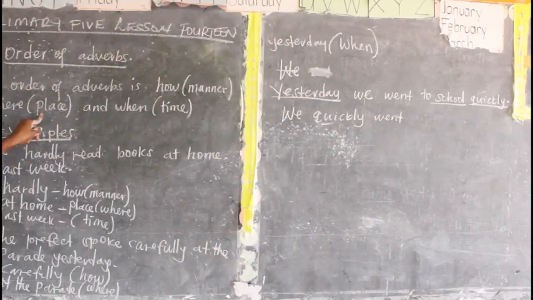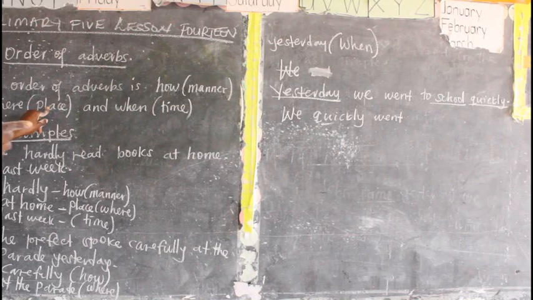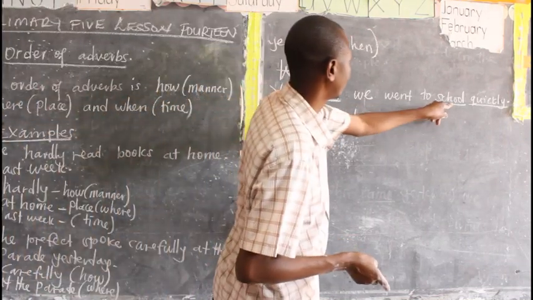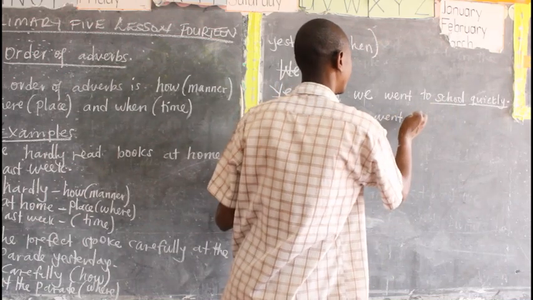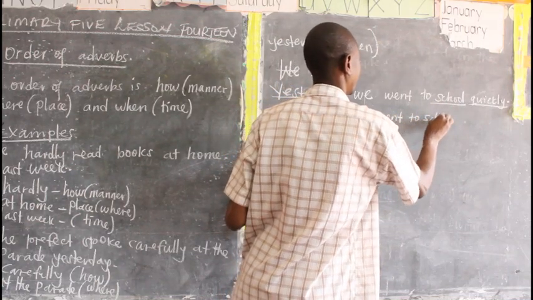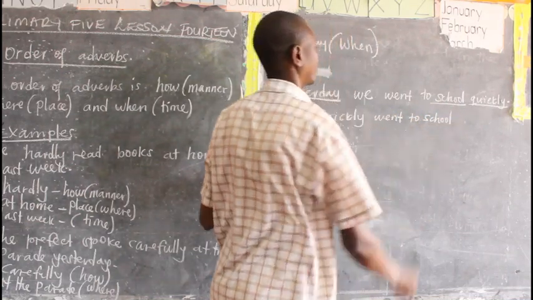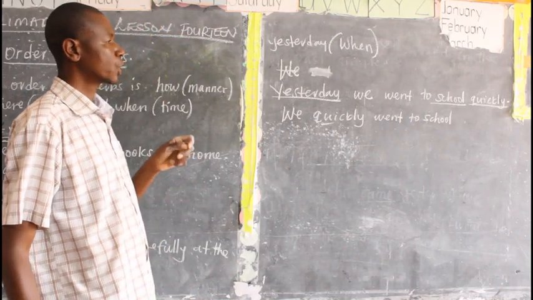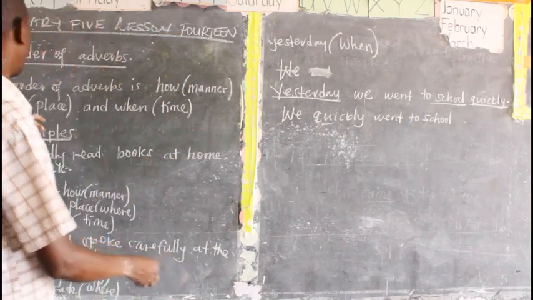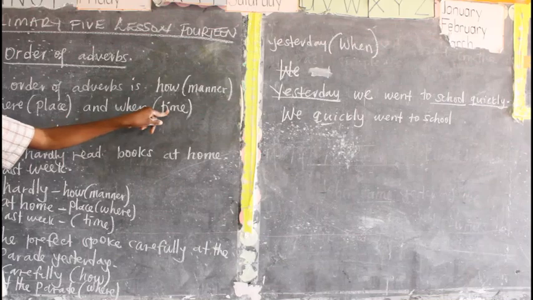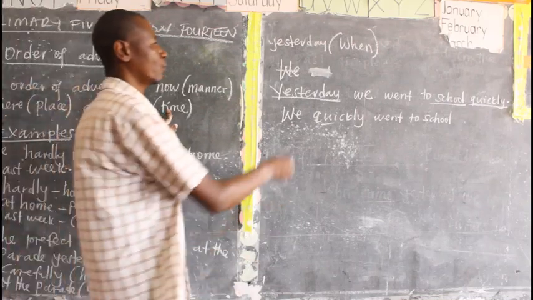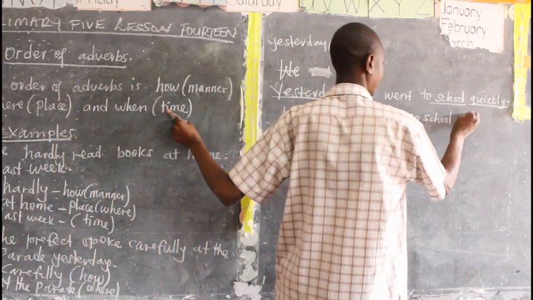Now you come and look for place. Where did you go? That is the school. Place. We quickly went to school. Then look for the time you went to school, which is yesterday.